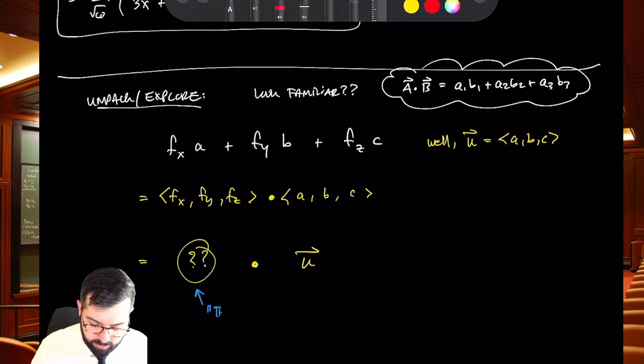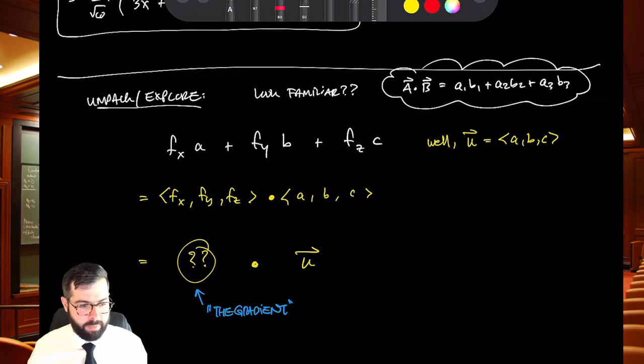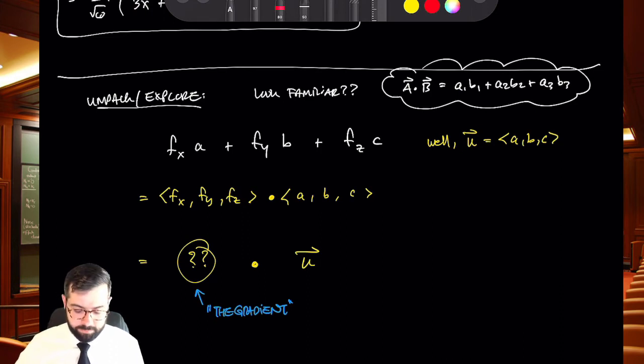This is what we call the gradient. It's a vector that has the components of the partial derivatives of the function. And this has some interesting properties that aren't intuitive, are super helpful, and seem to permeate all these different nooks and crannies of vector calculus.